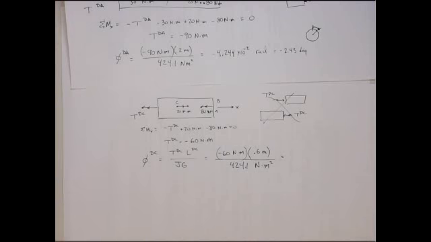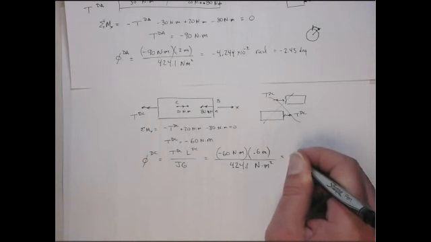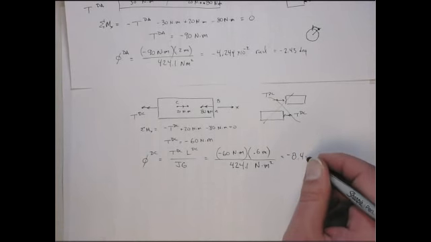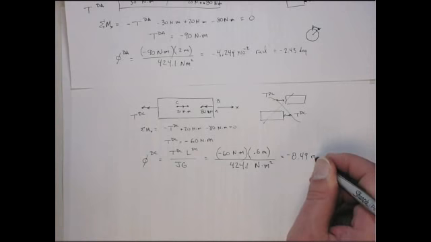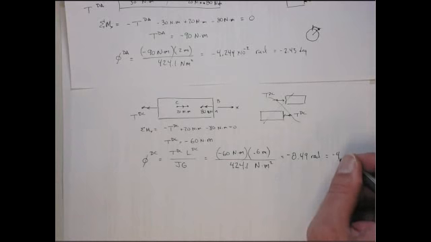And this gives me 8.49 times 10 to the minus second radians, which is equal to minus 4.86 degrees, okay?